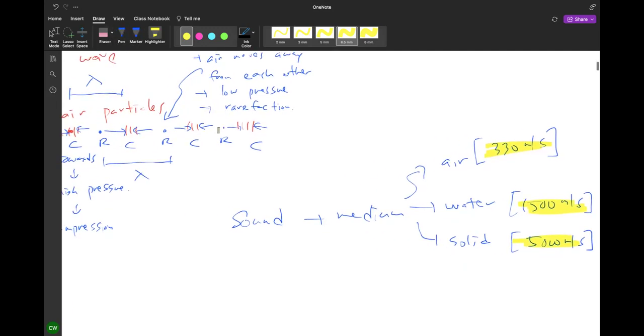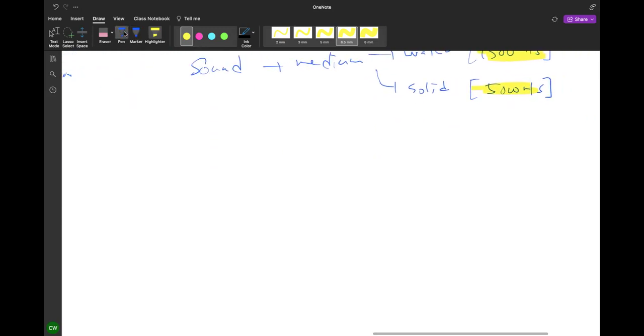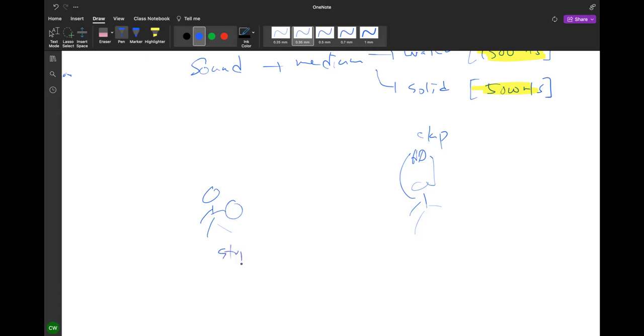Okay, other than that, you also need to know how to measure the speed of sound. How do you measure it? Very easy. You stand here, your friend stands here. Your friend claps. You hold a stopwatch. When you see your friend clap, you switch on the stopwatch.